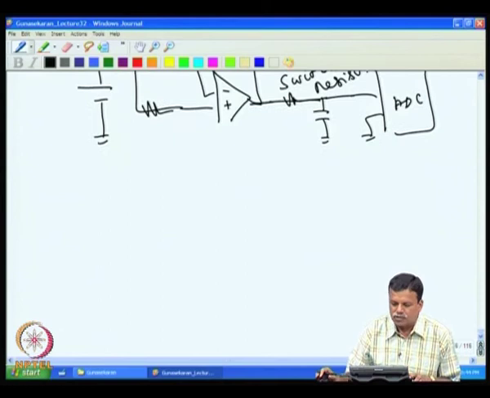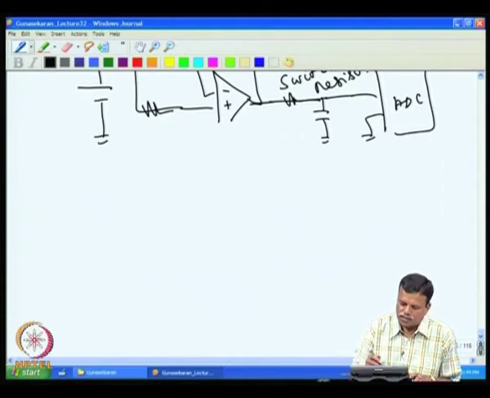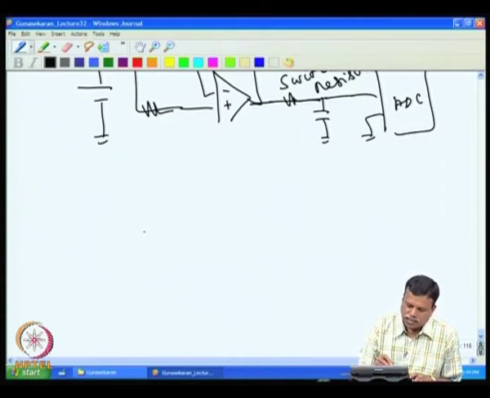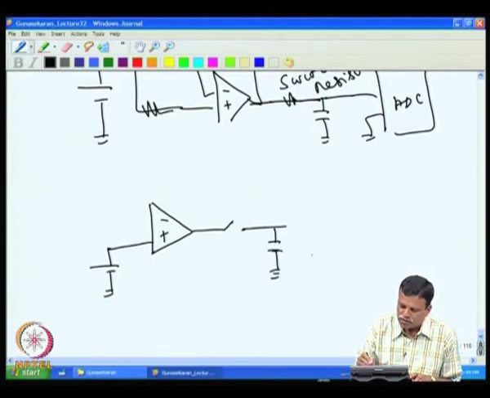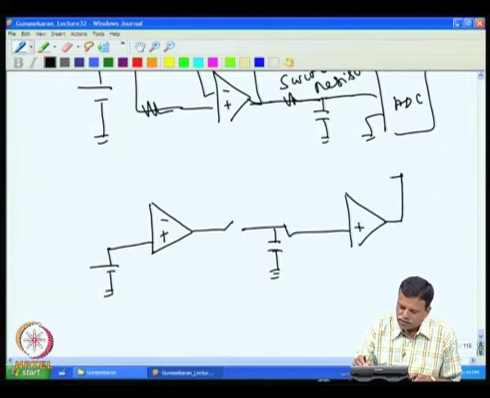In fact, there are two different types of sample and hold amplifiers commercially available. One such circuit has an input voltage follower amplifier, then a switch, and then a sample and hold capacitor, followed by another follower.